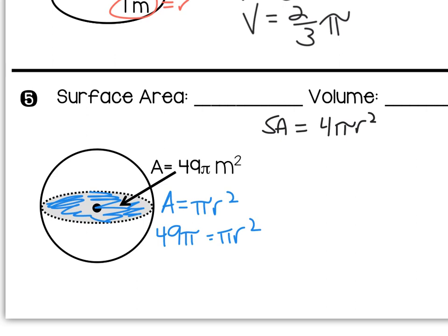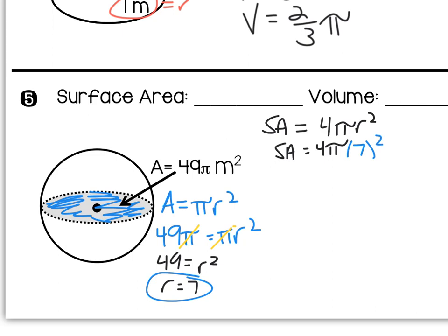What do we have on both sides? We have pi. So 49 equals r squared, which means r equals 7. So now I can substitute that 7 in for my radius. And after simplifying that, I'm going to get that surface area is 196 pi.